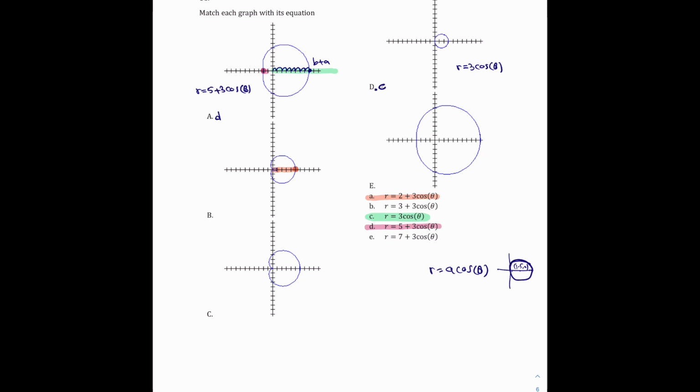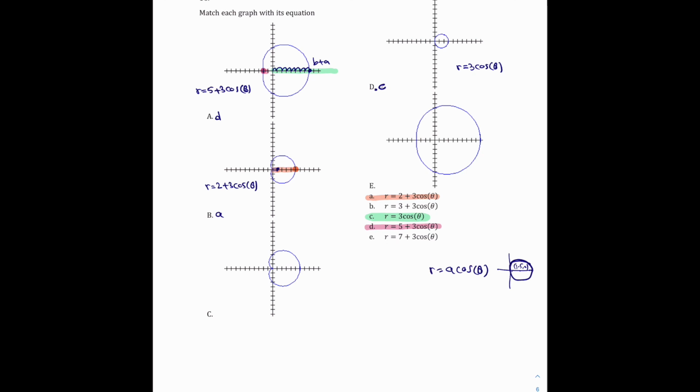And then a minus b is 1, which is basically the end of the loop of the limaçon right here. So A matches graph B, and the equation is r equals 2 plus 3 cosine theta.